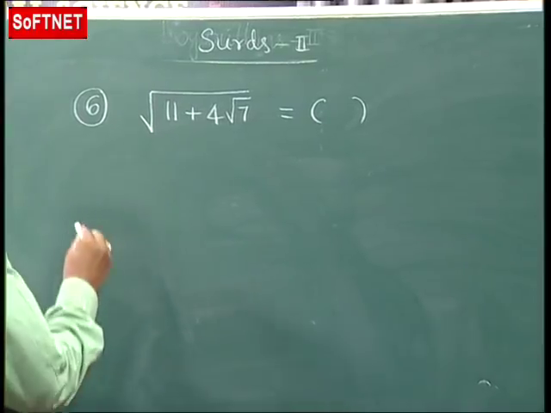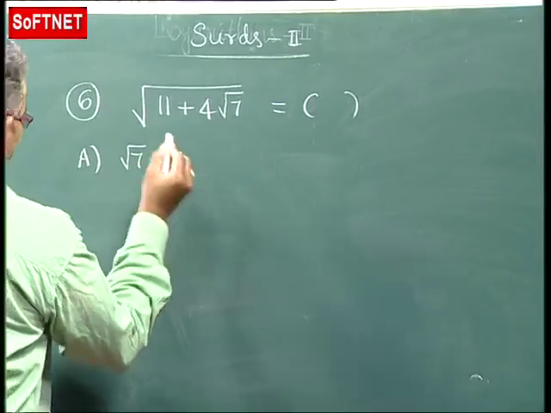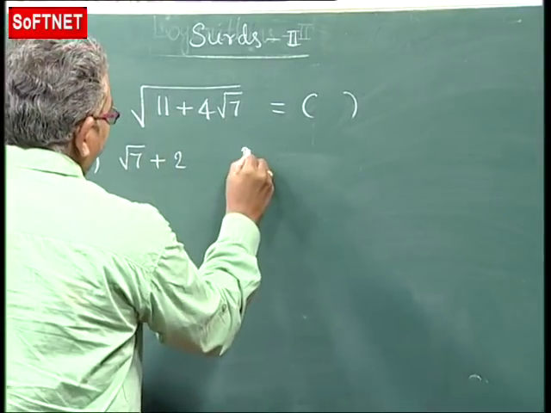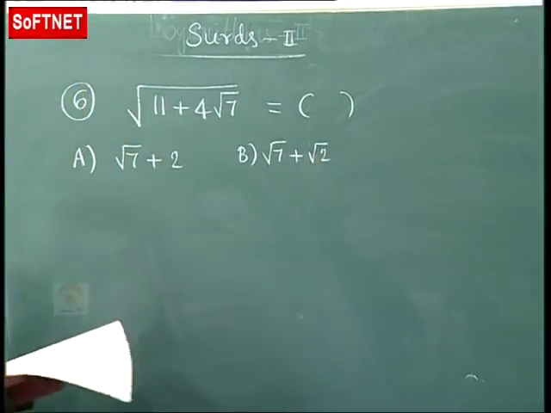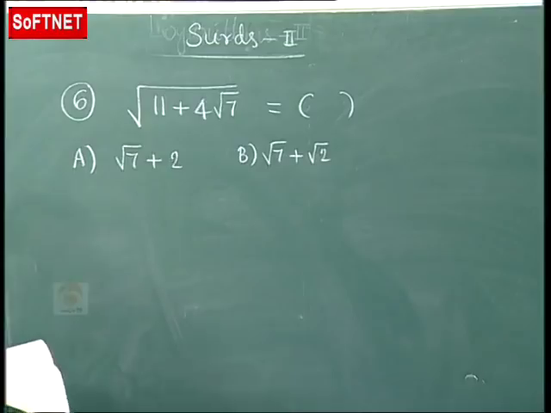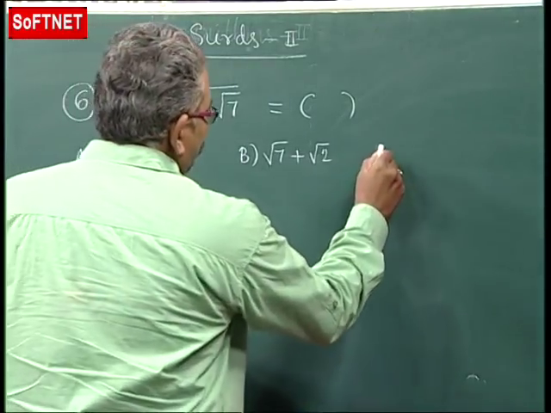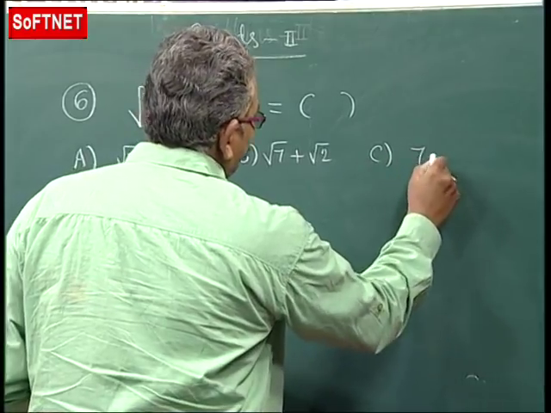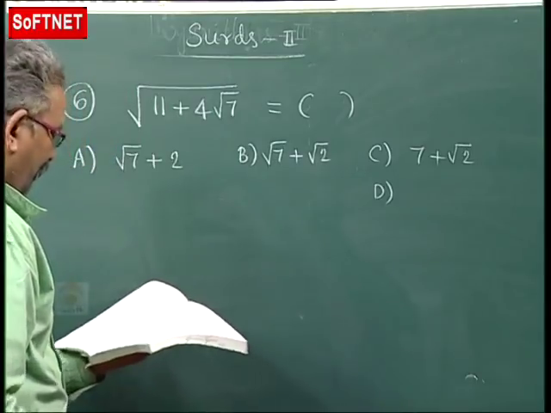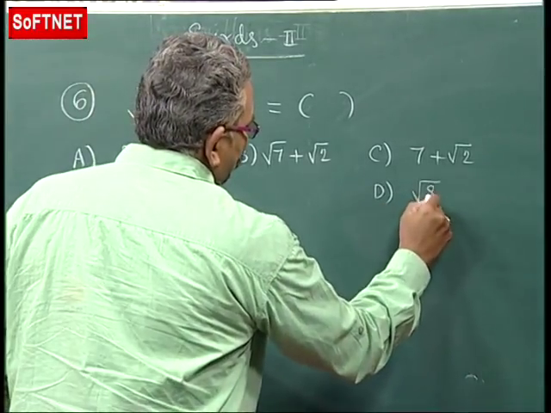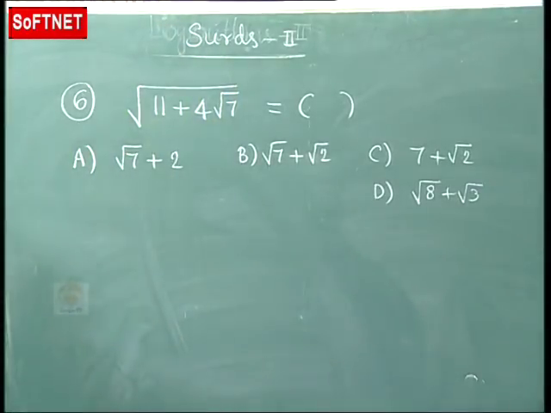Now A, root 7 plus 2, B, root 7 plus root 2, okay, C, 7 plus root 2, D, root 8 plus root 3. Here we have the 4 options.